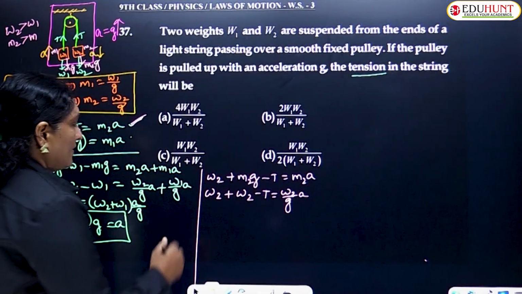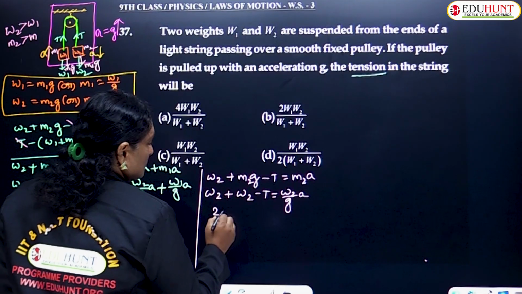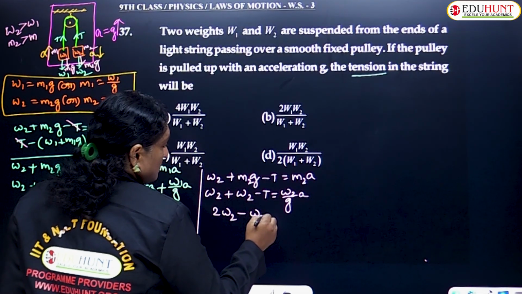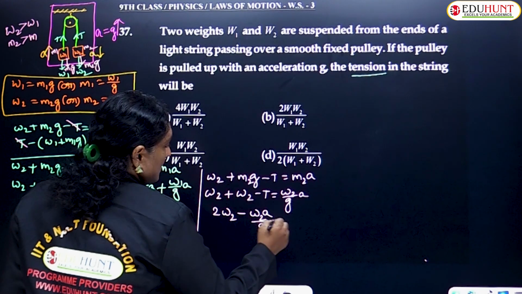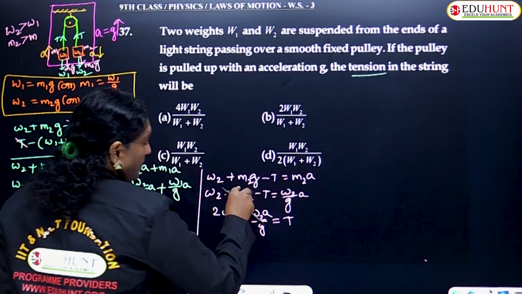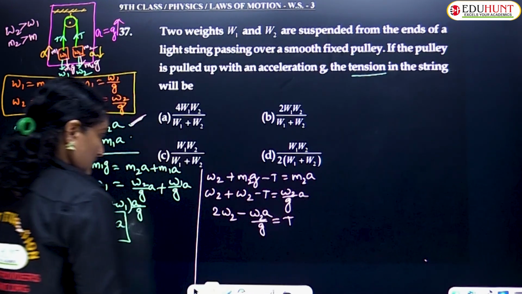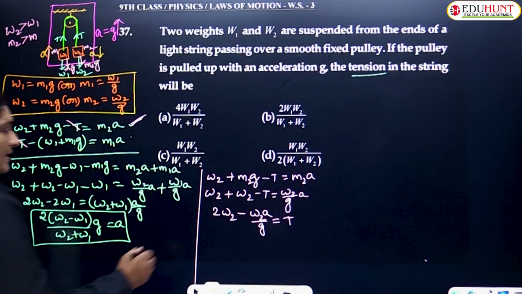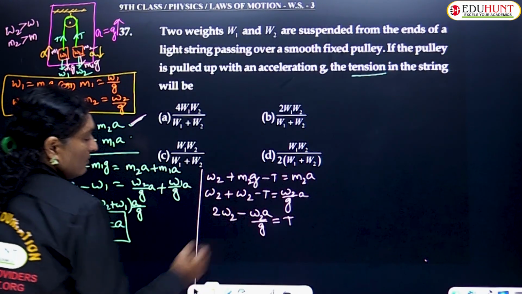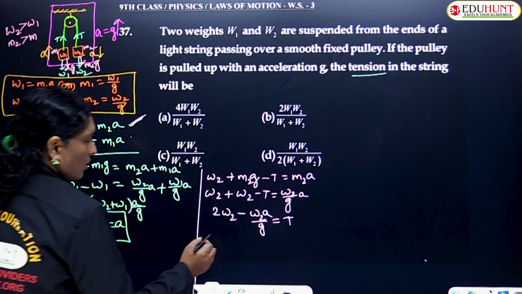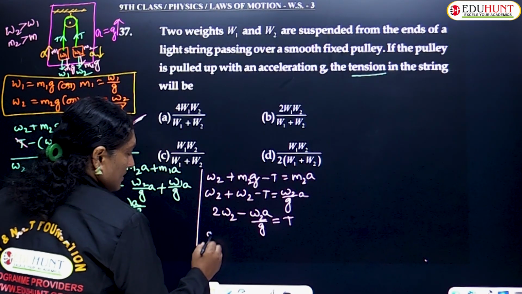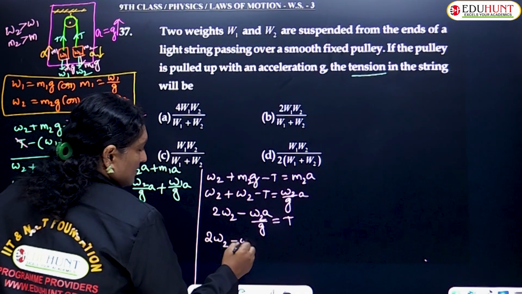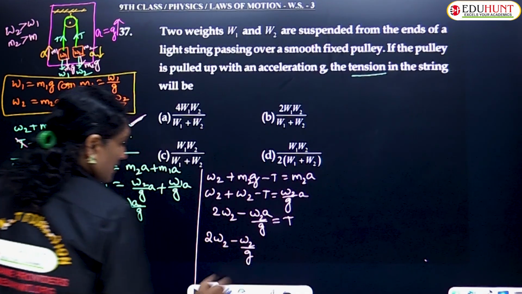Then you are left with W2 plus W2 is 2W2 minus W2A by G is the value of T. But we know the value of A as this. So substituting there, what is common, children? W2 is common. Later we'll take 2W2 minus W2 by G into A.